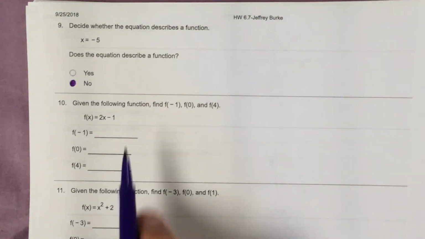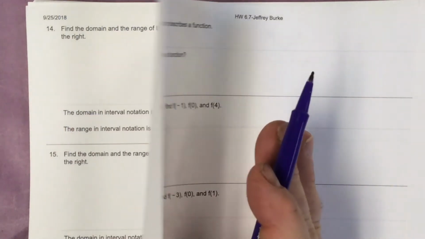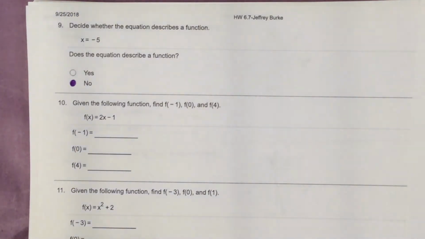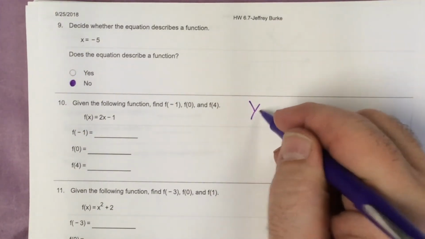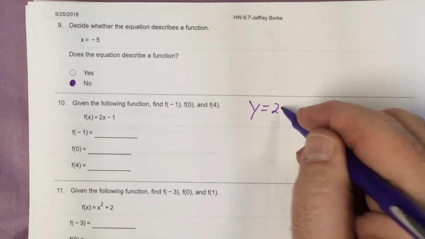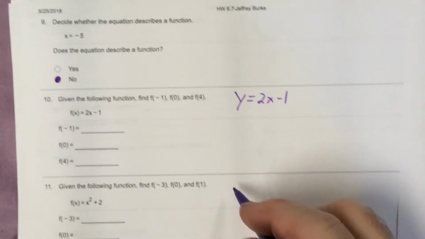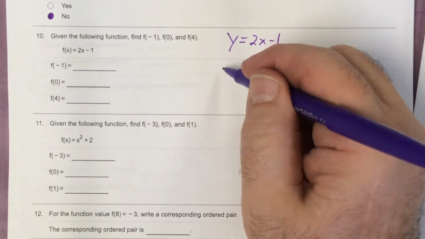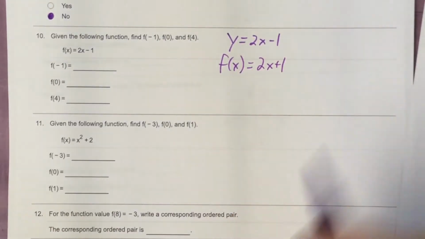Okay, let's take a look at number 10. We're getting familiar now and dabbling a little bit with what's known as function notation. Where most of you would be seeing y is equal to 2x plus 1, we're going to replace this with function notation, where we call this f of x equals 2x plus 1.